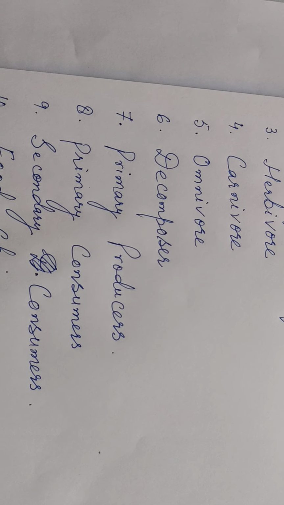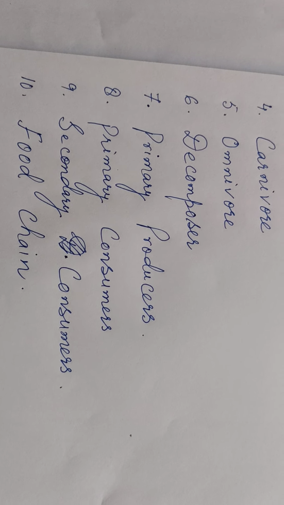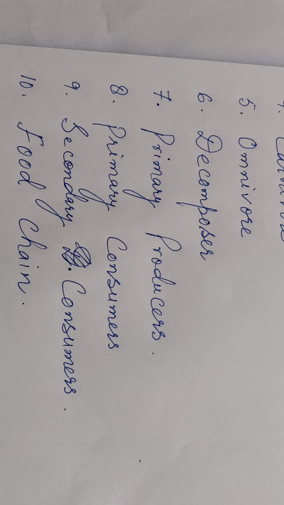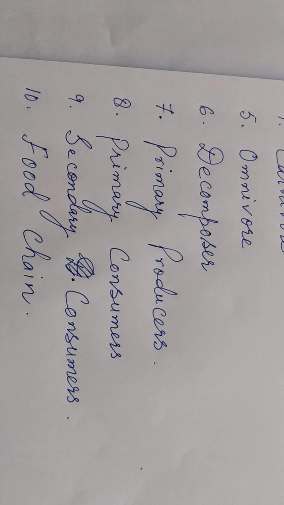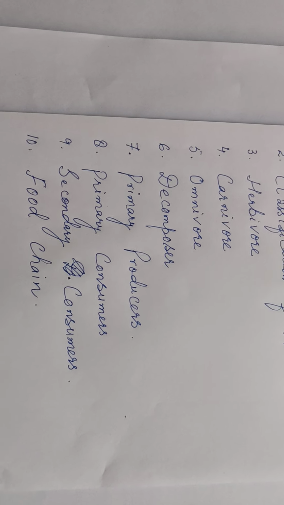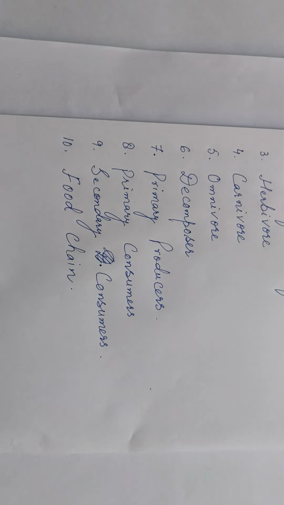So the process of eating one organism by another and that one getting eaten by another organism is called the food chain. Animals also depend on plants for their shelter.